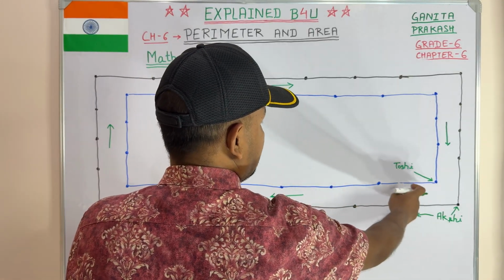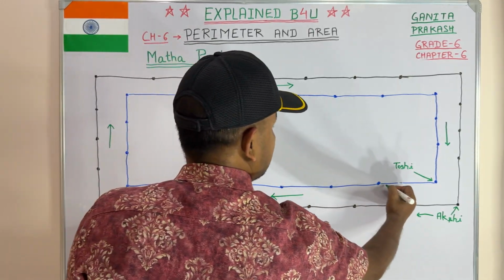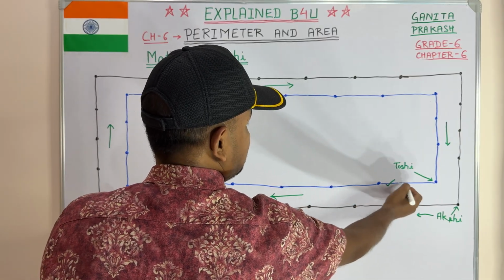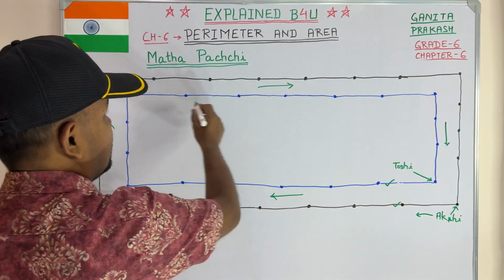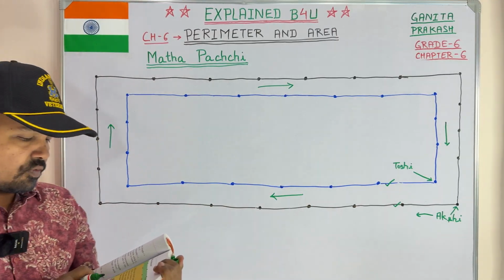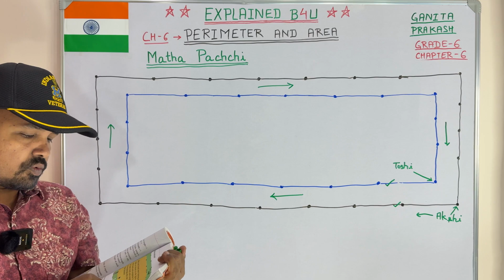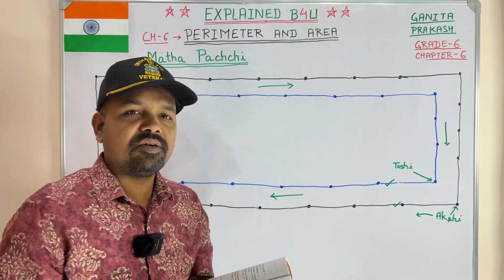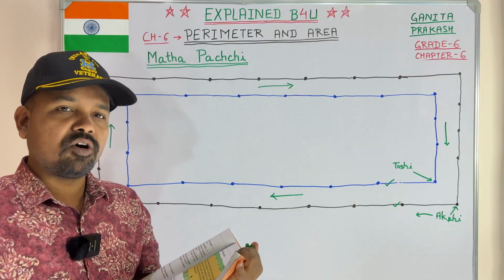Toshi starts running on the inner track, means this track. This is the inner track. So Toshi runs on this track and completes 7 rounds. Now they are wondering who ran more. Find out who ran the longer distance. Now they are thinking who ran more, means कौन ज़्यादा दौड़ा.